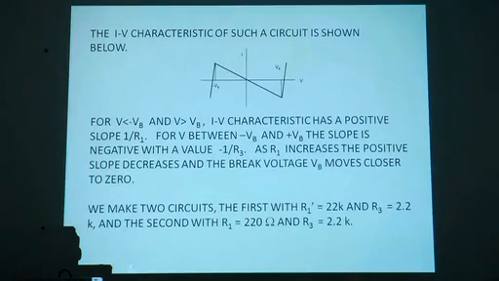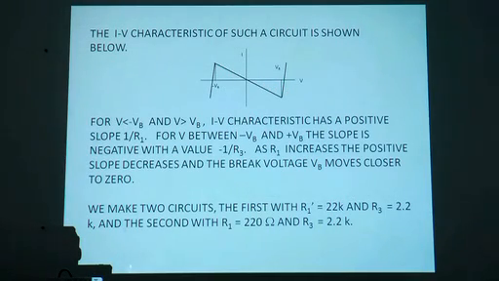If we now apply a voltage V between the two terminals, plus and minus, a current flows. The variation of I with V for this circuit is shown here. The IV characteristic has a positive slope when the applied voltage is below minus VB or above plus VB. But between minus VB and plus VB, current decreases with voltage.